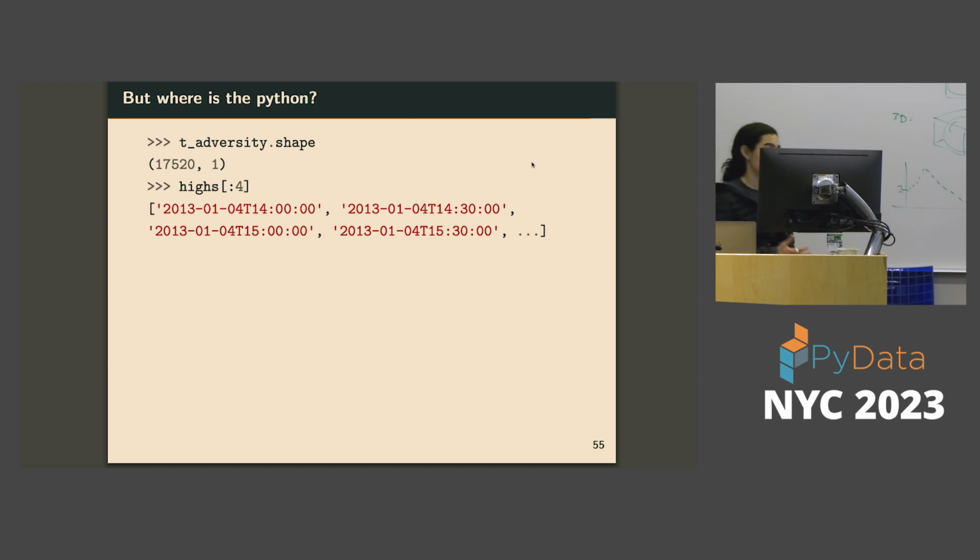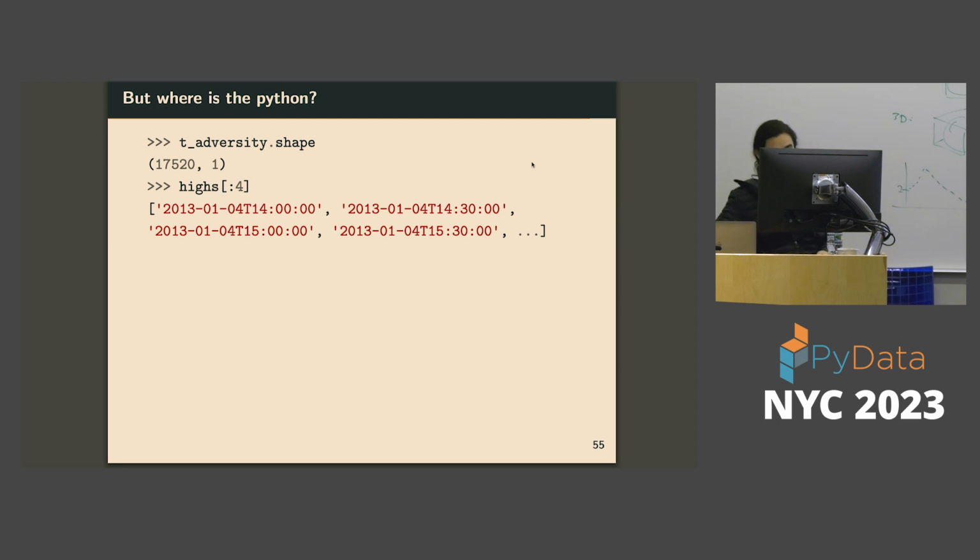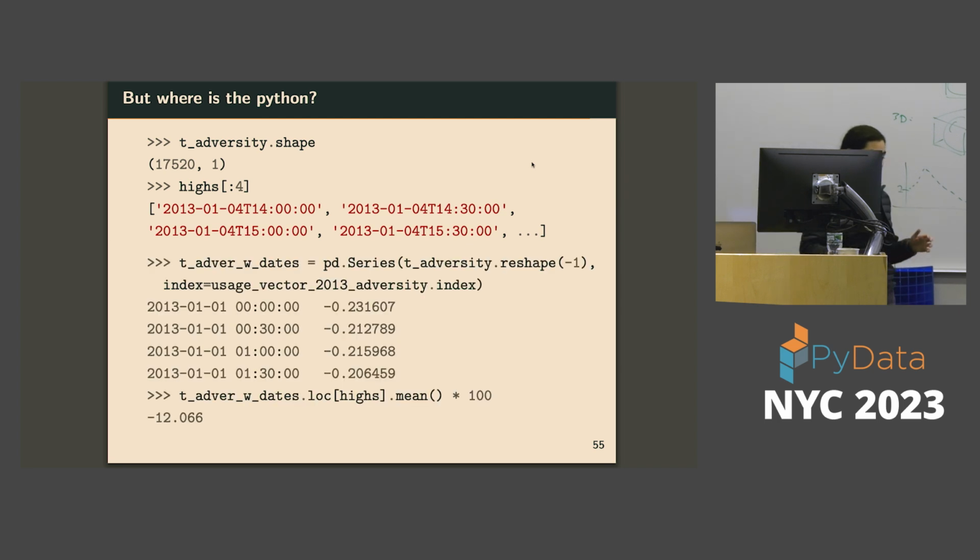And so I also have a file that tells me what the tariffs are at any given point in time. So this highs is going to tell me the half an hour intervals that had high price points. And so what I want to do is go to my vector of size t and find only those intervals that had high price points and find what the treatment effect is there.